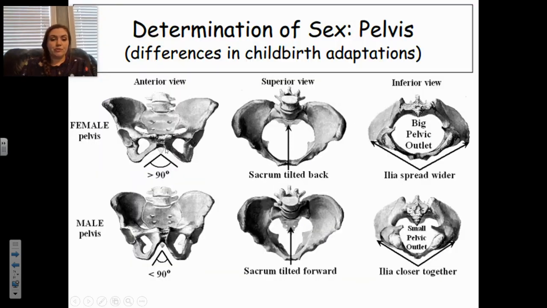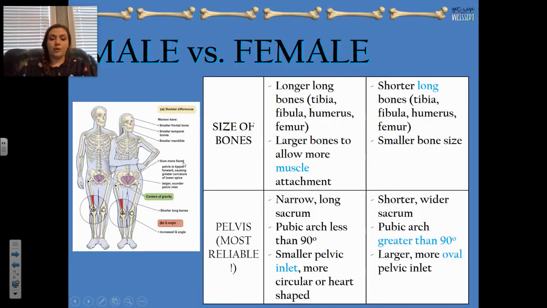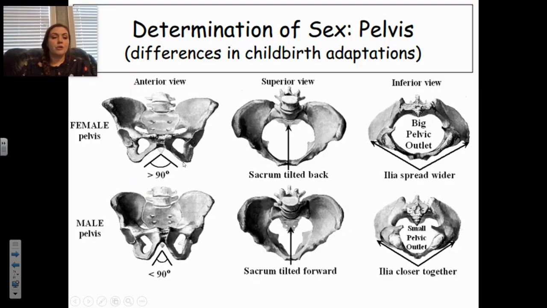So here are some better pictures of that. Here's the pubic arch, the arch being bigger than 90 degrees for a woman, smaller than 90 degrees for a man. If I'm looking down on the pelvis, there's a much wider space here.